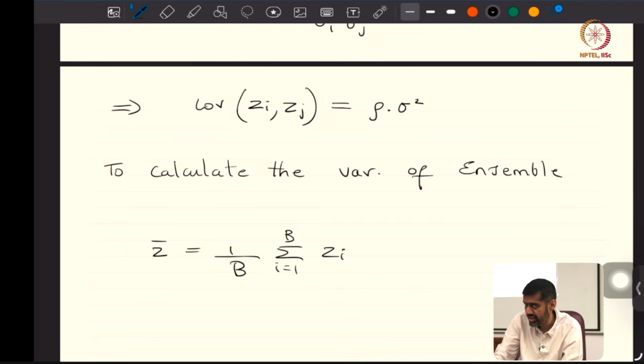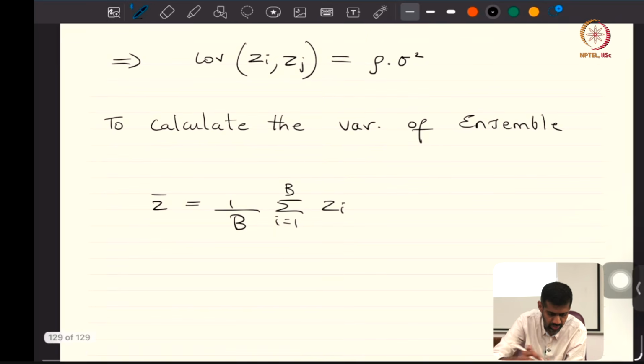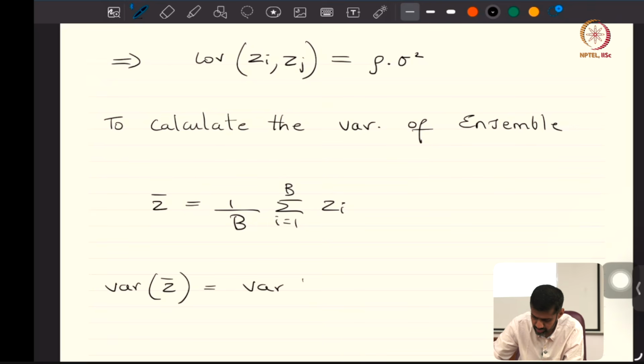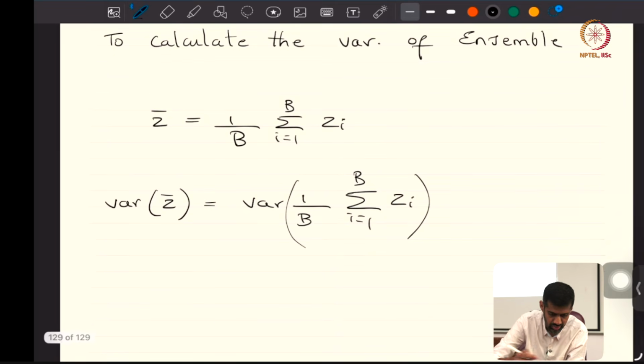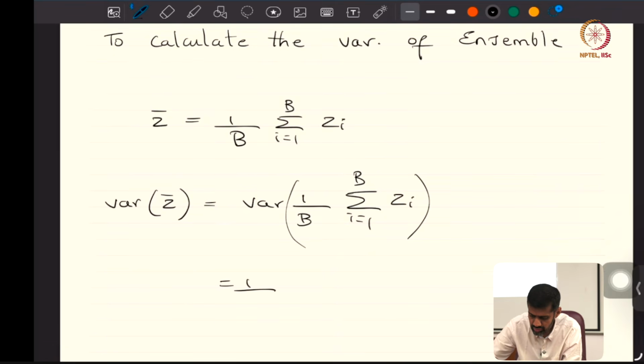This is the definition of ensemble, right. Do you see that whatever we have been writing as h of x is what I am representing as Z? The output of the predictor is the random variable Z here. So, what we want to do is calculate the variance of this. This is the variance of 1 over B times the sum of these random variables, and note that the individual random variables are not statistically independent, right. So, what is this equal to? 1 over B squared times the variance of the sum.